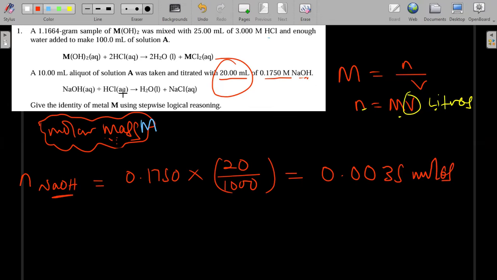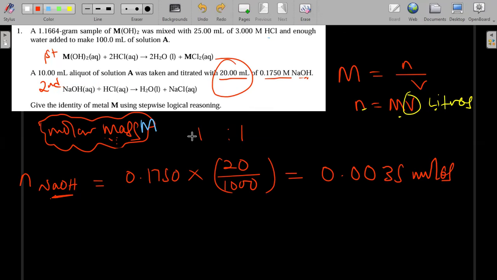In this second reaction, remember we said this is our first reaction, this is our second reaction. So in our second reaction, these are the moles of sodium hydroxide. From this reaction here, we can get a mole ratio between the sodium hydroxide and the hydrochloric acid. The mole ratio there is 1:1, because this reaction is balanced. It means the number of moles of sodium hydroxide will be equal to the number of moles of hydrochloric acid.